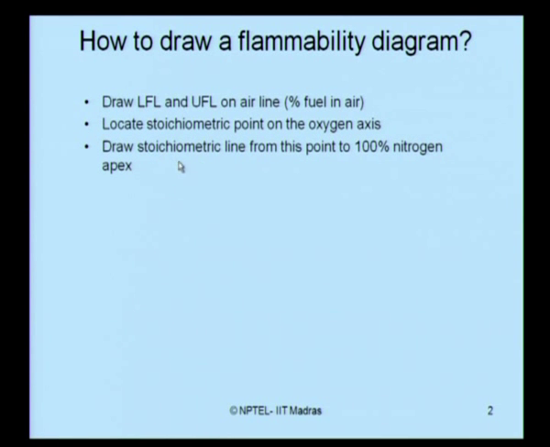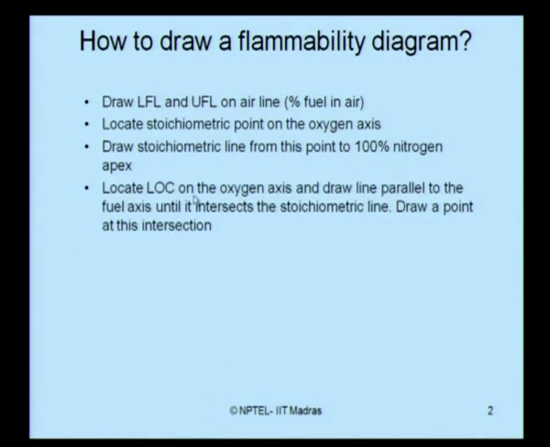Draw the stoichiometric line from this point to apex of the nitrogen arm, locate the limiting oxygen content on the oxygen axis and draw a line parallel to the fuel axis until this intersects the stoichiometric line. Mark this point of intersection.